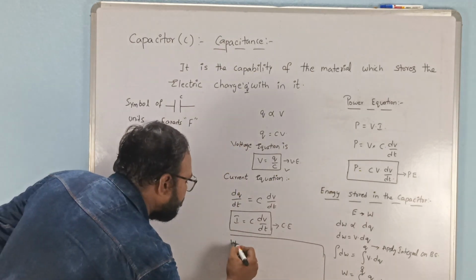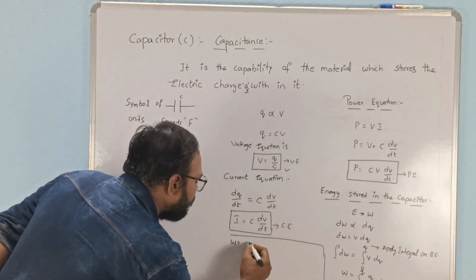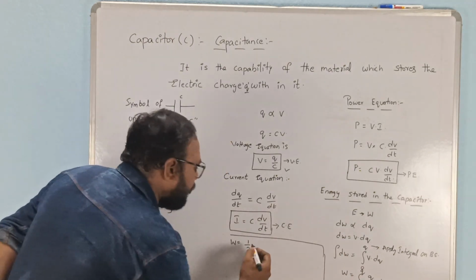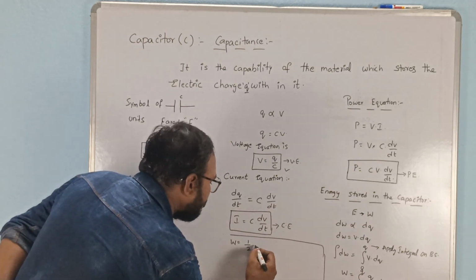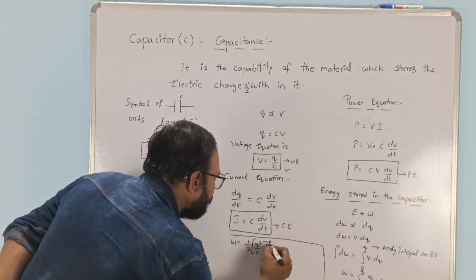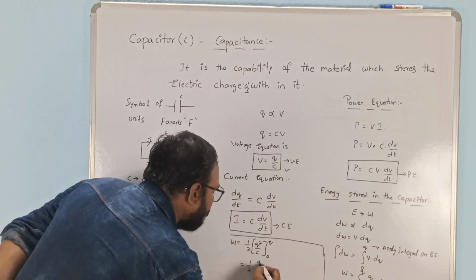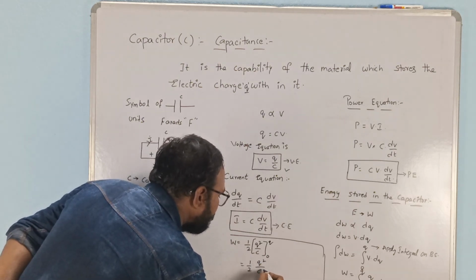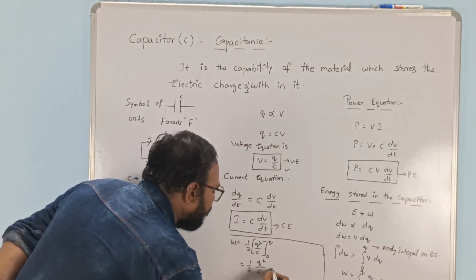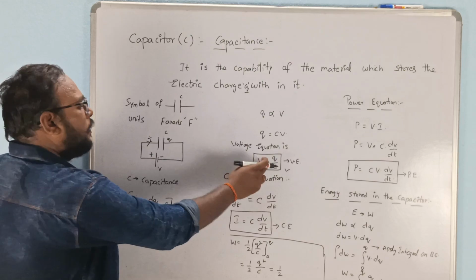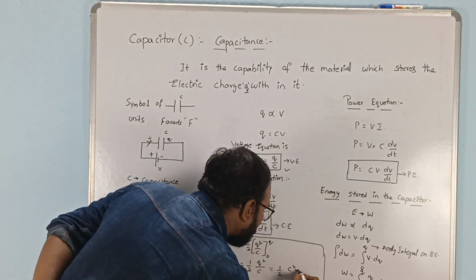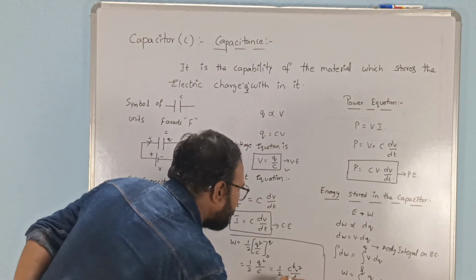So W is equal to, applying the integration, half Q square by C, from 0 to Q. We know that half Q square by C, with Q replaced by CV, becomes C square V square by C. C gets cancelled.